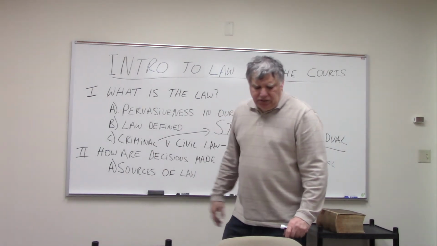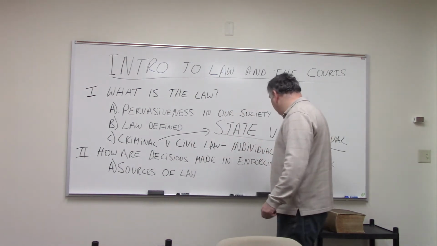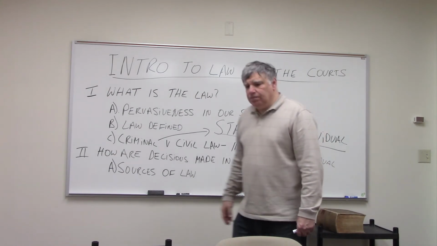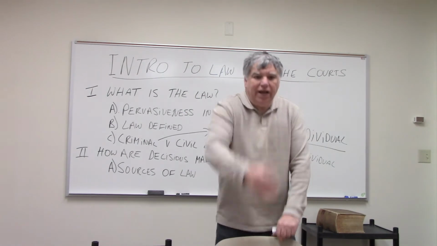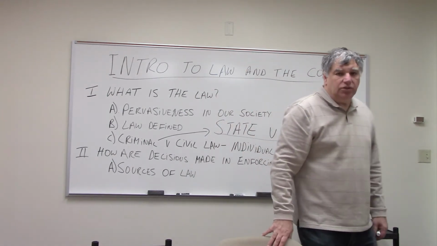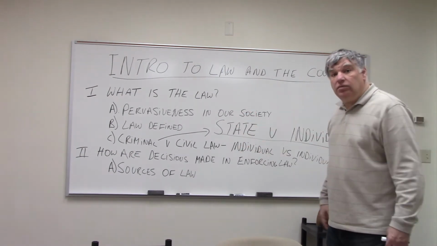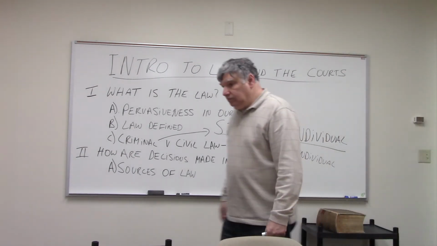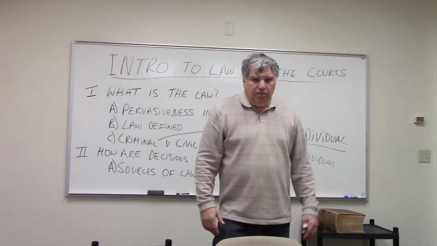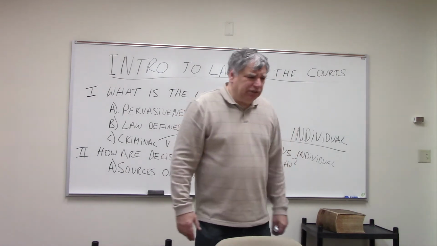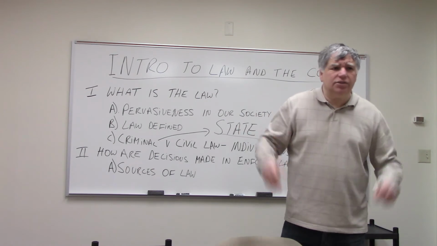So these are the two major types of law. And now we want to ask the question of how decisions are made in enforcing the law. How are decisions made? So I can ask you, as a student, do you want to abide by the law? And I think almost everybody would say yes. Okay, so then the second question that I would have to ask is, how do you know what the law is?